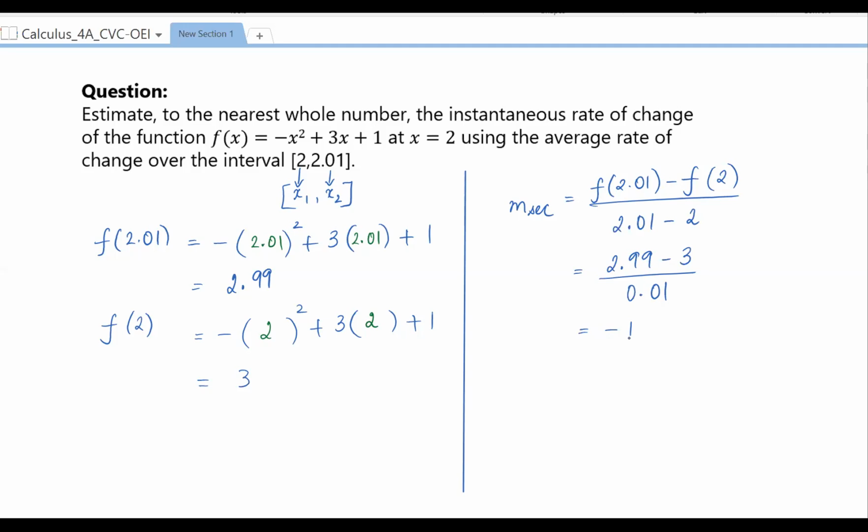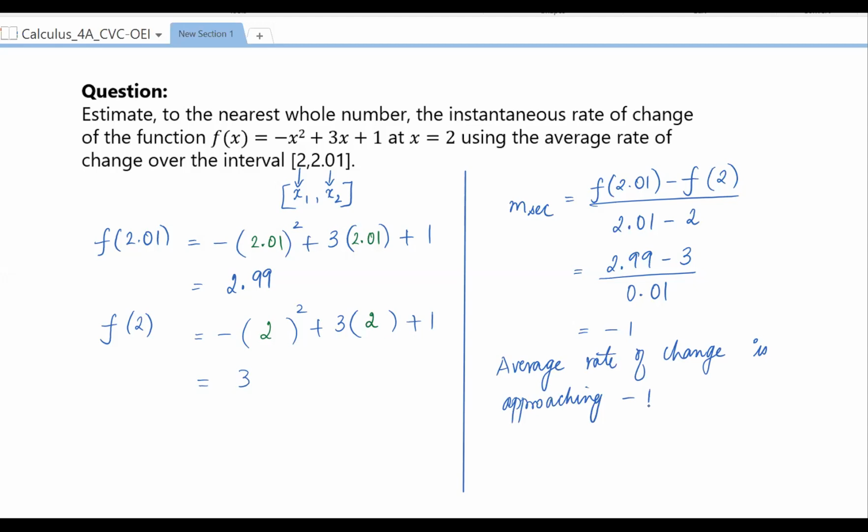So remember, we are trying to find the instantaneous rate of change at x equals 2. But what we found was between 2 points, not at 2, but between 2 and 2.01. So we can kind of see that the average rate of change is approaching, notice the language, is approaching -1, right?